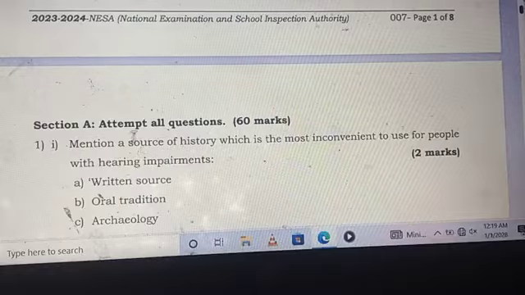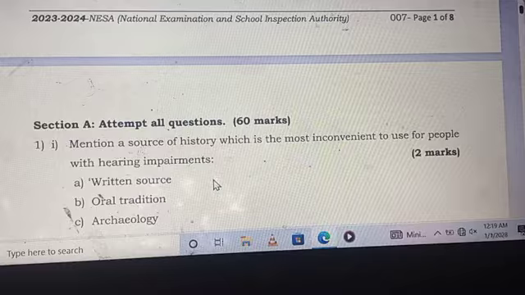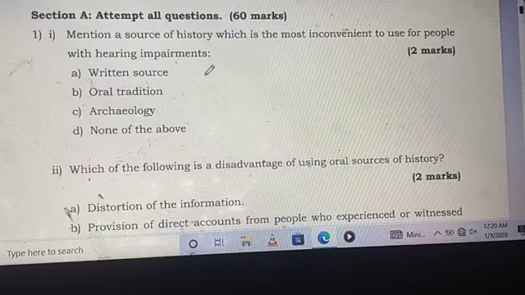Section A, attempt all questions. Question 1. I. Mention the source of history which is the most inconvenient to use for people with hearing impairments. What do you think?